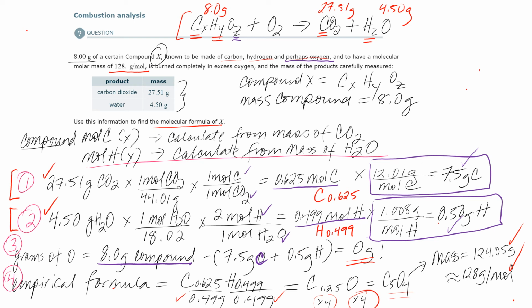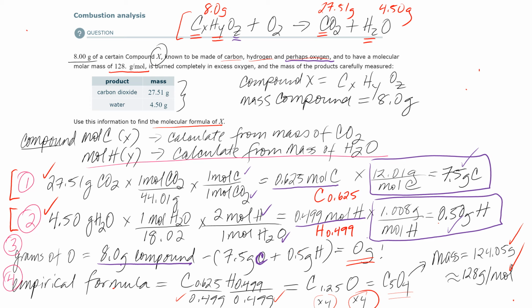Good. In step 2, we said, okay, we have 4.5 grams of water. We can get moles of water. From the moles of water, we can get moles of hydrogen. Those moles of hydrogen are going to be the same as what was in our original compound.